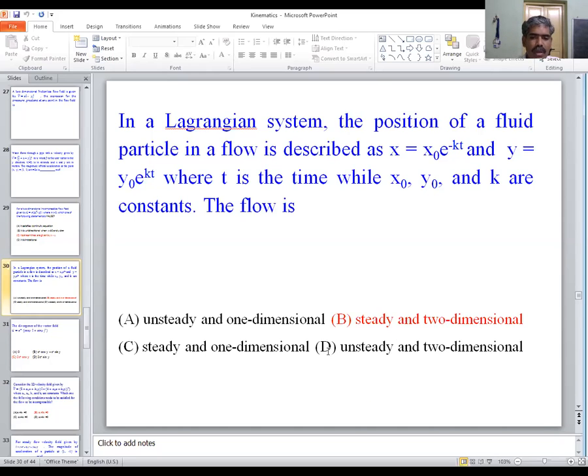Flow is described by x and y, so I have to find the velocity, and based on the parameters it depends on, we can conclude whether it is steady, two-dimensional or one-dimensional.